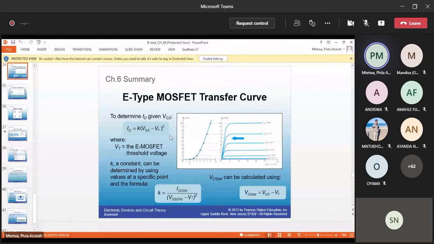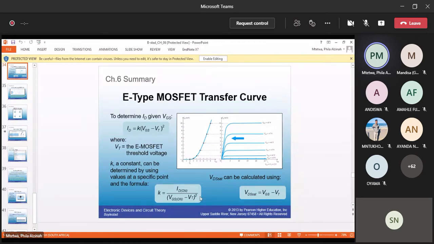K is a constant determined by using the values at a specific point, and the formula that gives you K is ID on over (VGS on minus V threshold) all squared. For your enhancement mode MOSFET, you'll always be given your VGS threshold, which is a minimum voltage that decides whether your transistor is going to switch on or off.